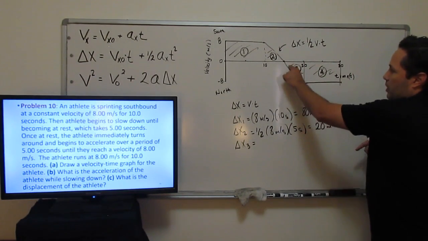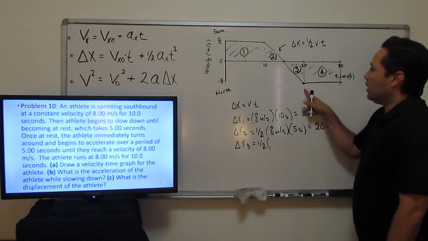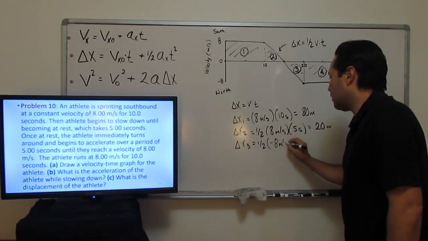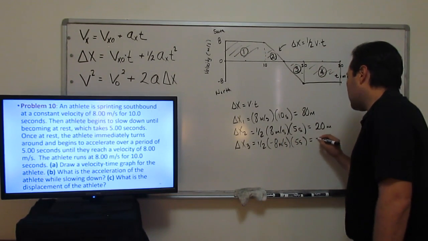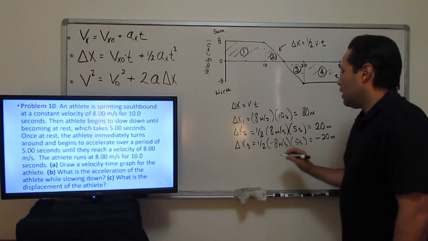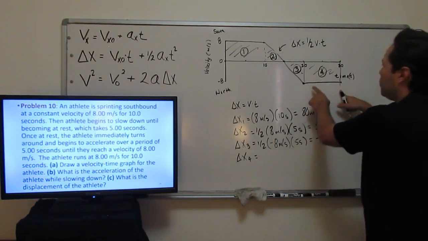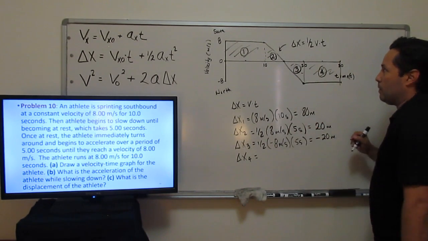Part 3 is the opposite. It is 1/2. Notice the velocity is a negative 8 meters per second, because they're going in the other direction, over 5 seconds, so that gives us a negative 20. And finally, part 4, it's just a rectangle, so there's no acceleration here, so it's just velocity times time.